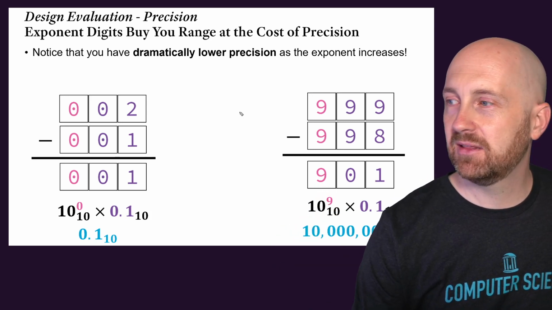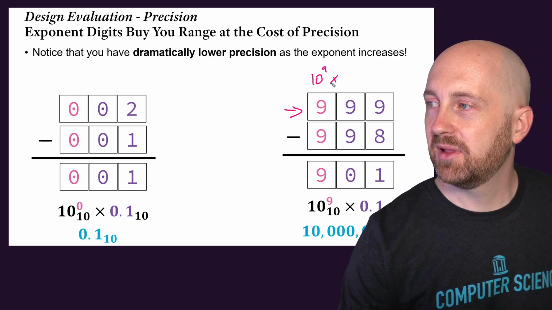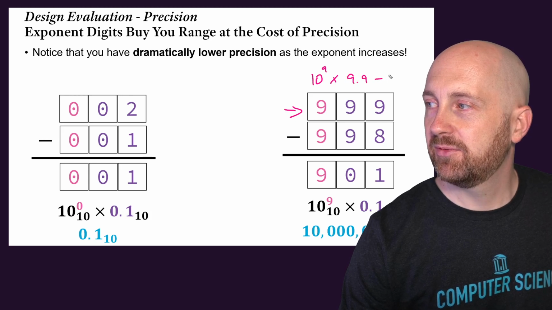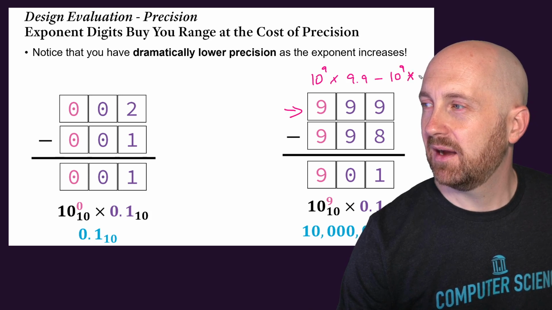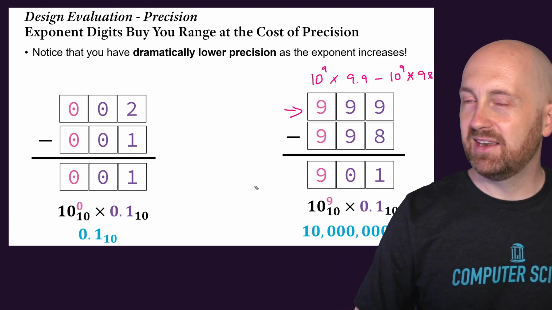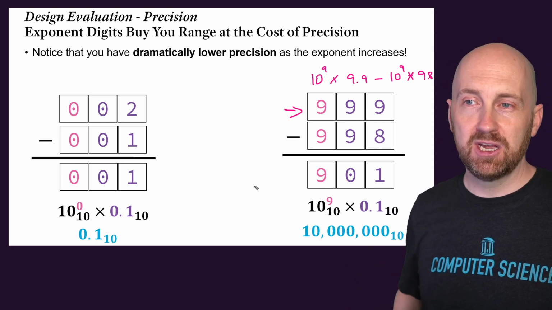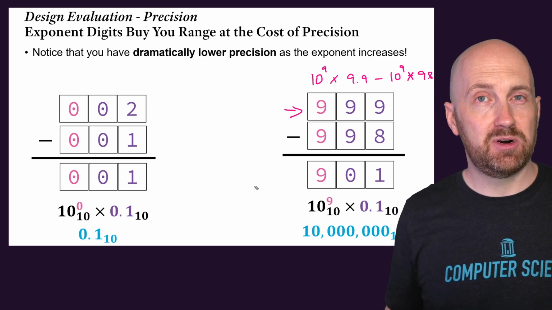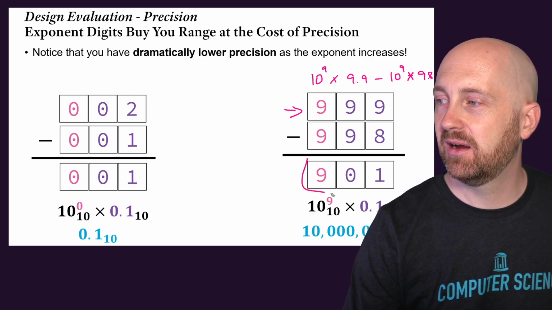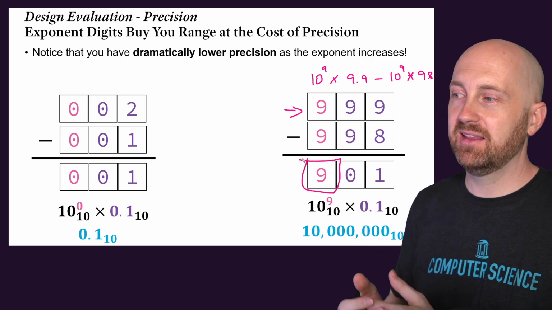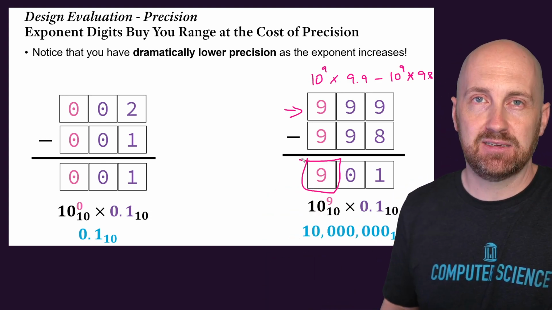So the largest number is 10 to the 9th multiplied by 9.9, subtract 10 to the 9th multiplied by 9.8, right? And the difference of that is 10 million. There's 10 million numbers that we just can't even represent and encode in this system. So even though we can represent very large numbers, we've got huge gaps at the top range of our space. In fact, any number that is raised 10 to the 9th is going to have a gap of 10 million between it and the next closest number to it in this system, right?